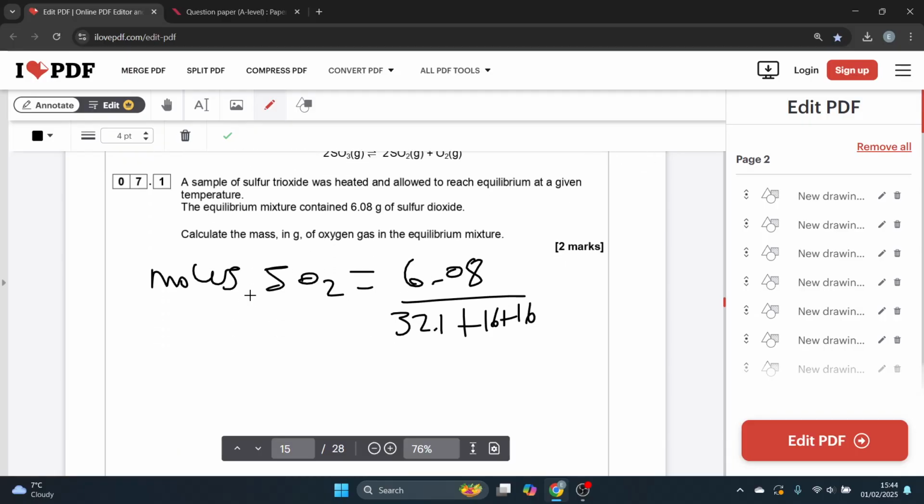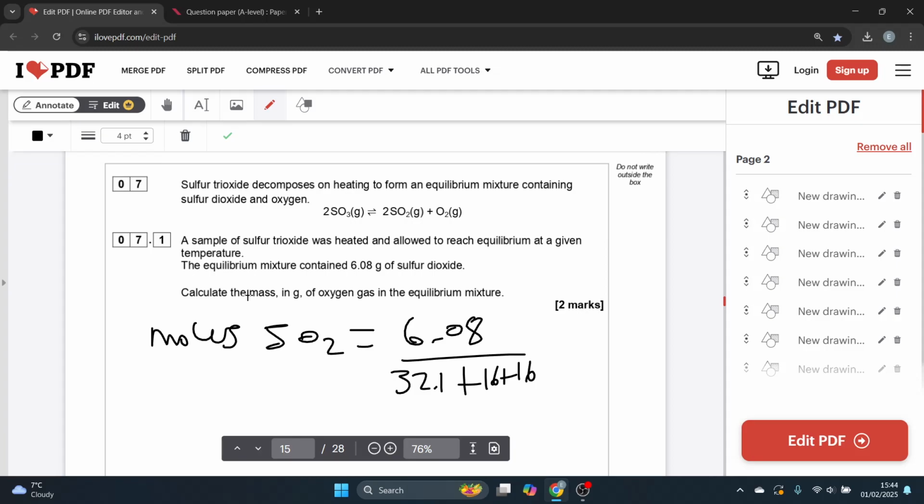Remember, the equilibrium mixture contains this much sulfur dioxide, and therefore that's going to be 0.0949 moles.